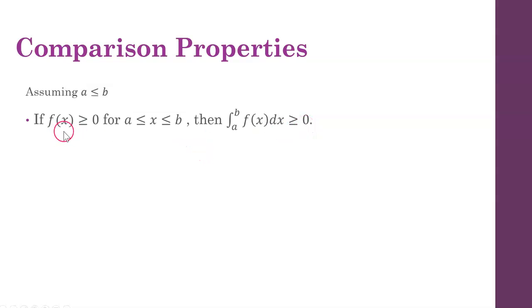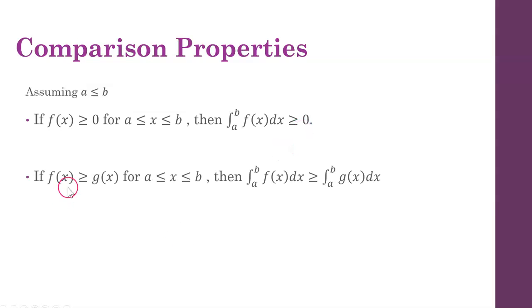If my function is always positive in my interval, it means it's above the x-axis, and when we're talking about the net area, we agreed that anything above the x-axis, the integral should be a positive value.